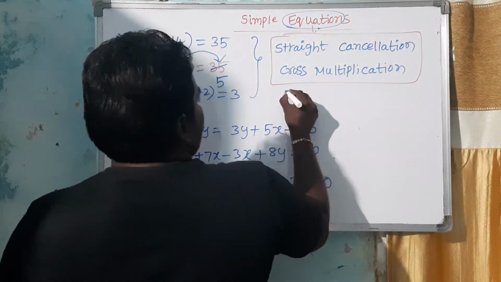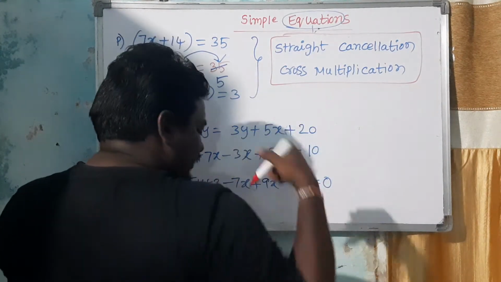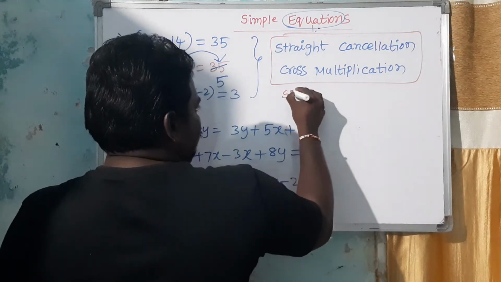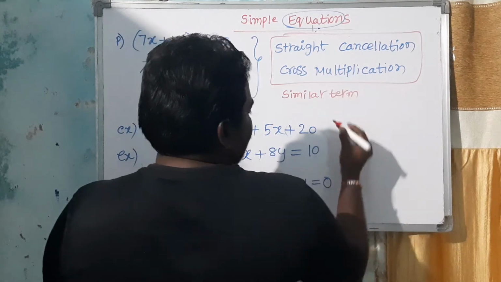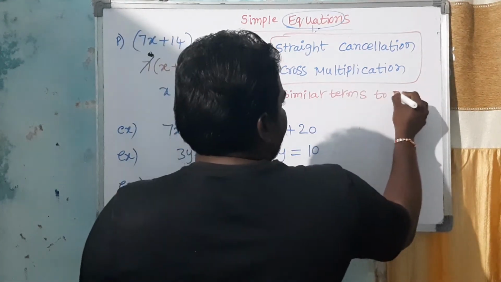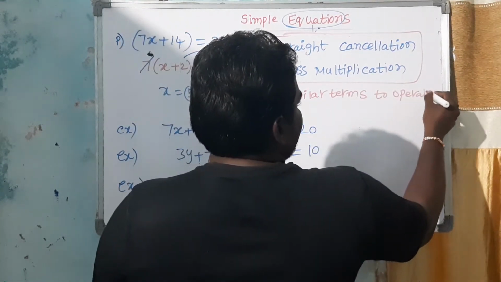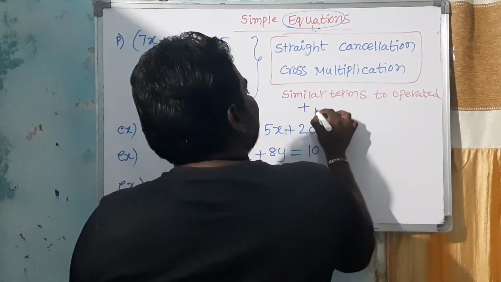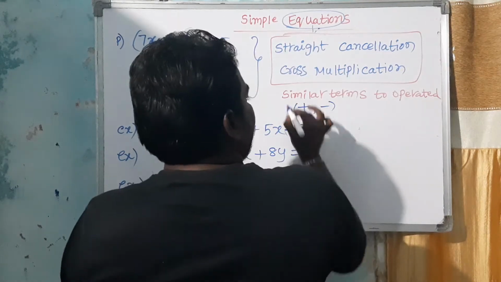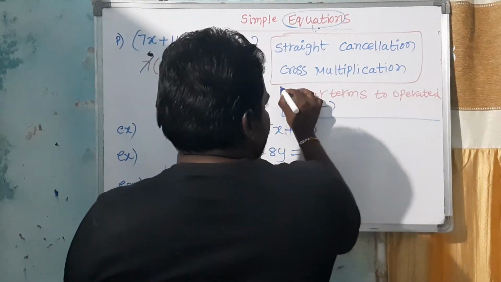Already I have said, only similar terms are to be operated. Operated means similar terms only can be added or subtracted. Subtraction or addition should be on similar terms only.